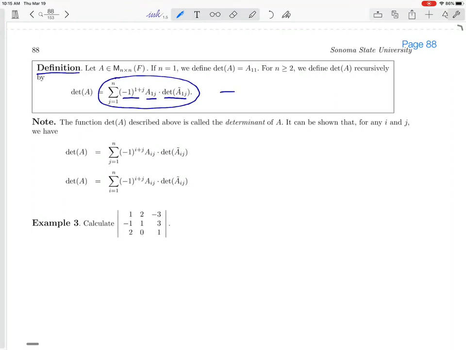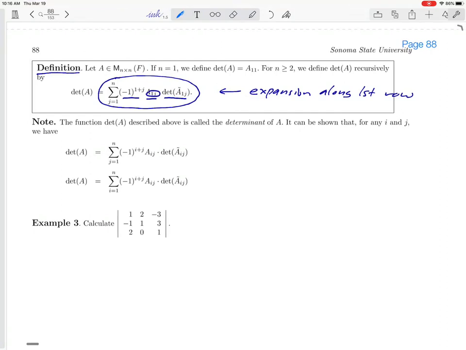Okay, one way to visualize this formula is it's really expansion along the first row of our matrix. Why do we call it that? Well, it has to do with looking at what's going on here with the 1j that I just circled.